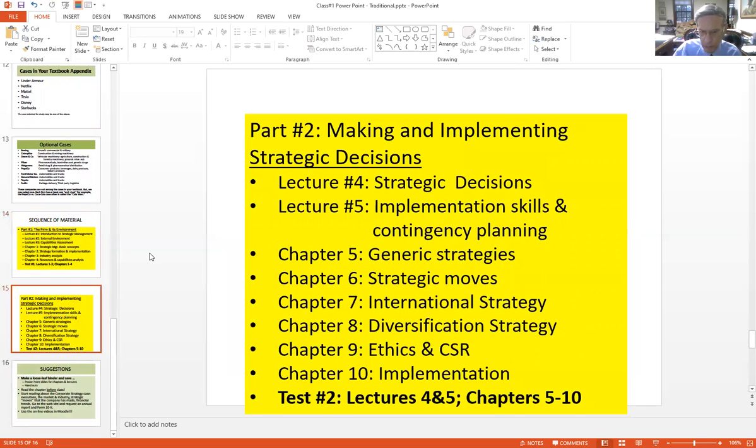So let's see. Part 2 is about making and implementing strategic decisions. Lecture 4 is about strategic decisions, and Lecture 5 is on implementation. And then chapters, and here we have Chapter 9 in the right place. That's a lot of chapters.